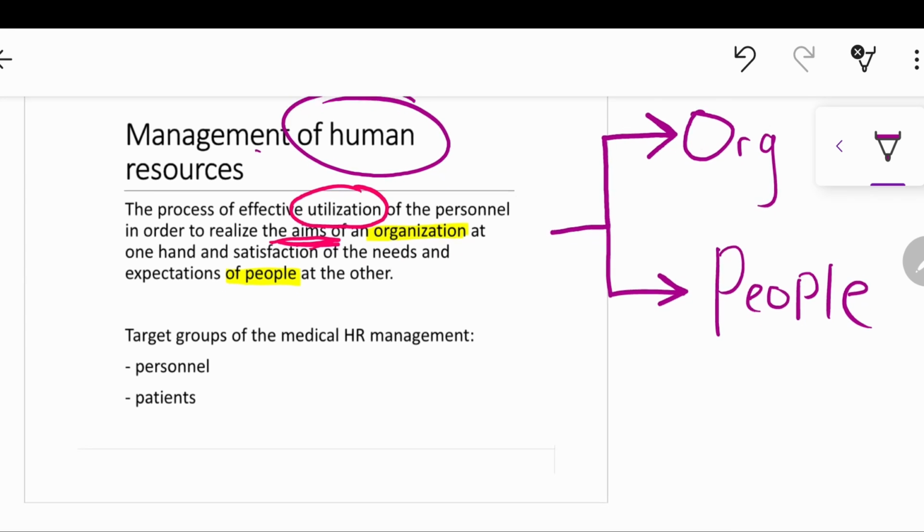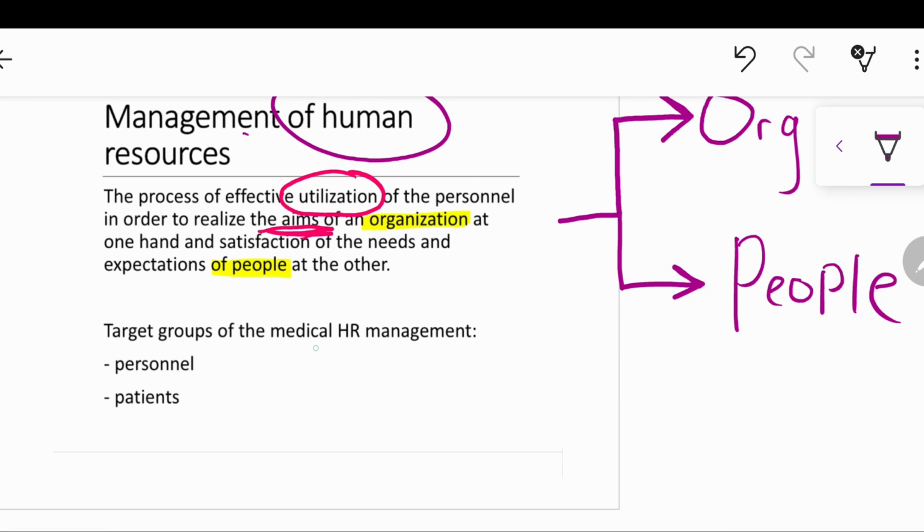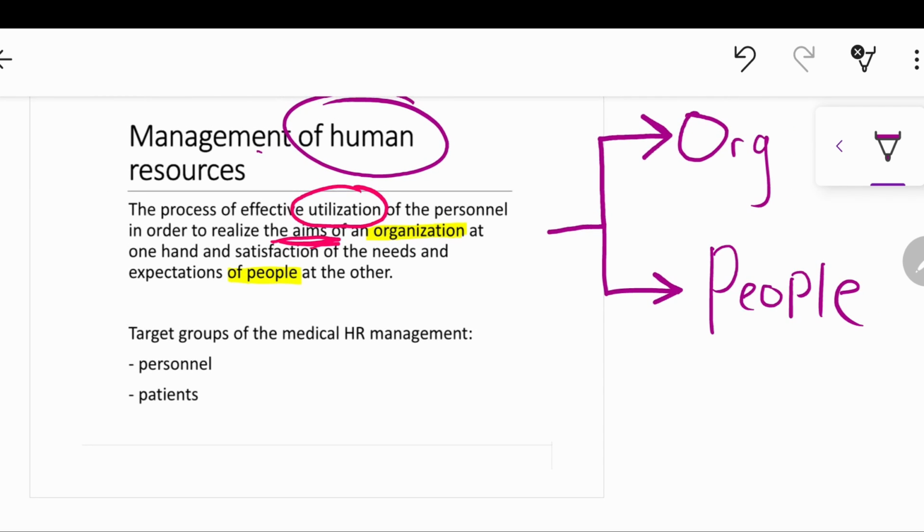And the target groups of the medical human resource management should be personnel and patients. Human resource management should be targeted to personnel and patients.